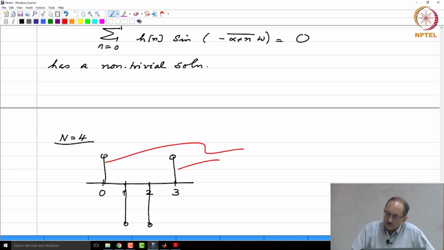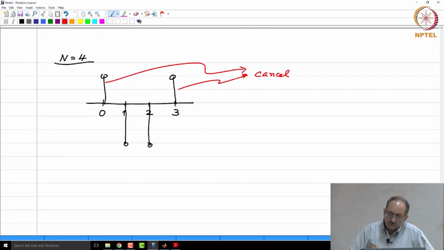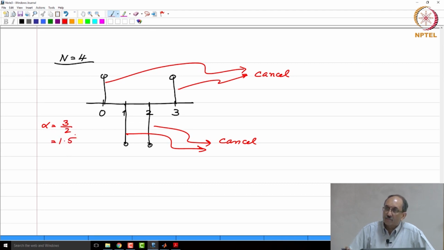So, this and this cancel, this and this cancel, right. So, now these will get cancelled for alpha equal to n minus 1 by 2. So, this is 3 by 2 or 1.5. Okay.